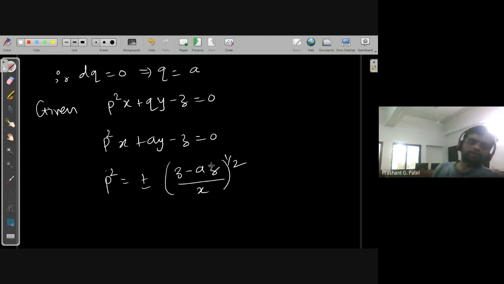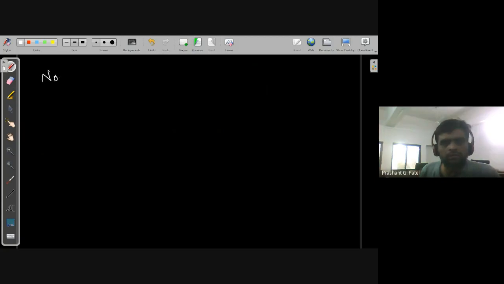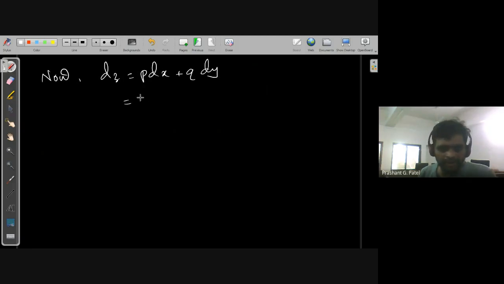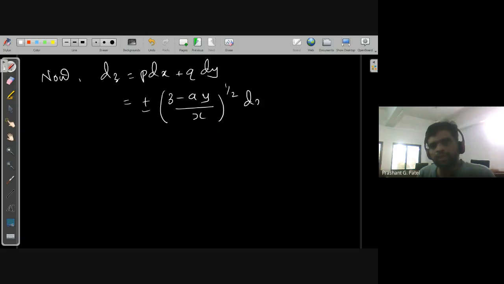On substituting this value into the Pfaffian equation, we have dz is equal to p dx plus q dy. The value of p we have obtained, that is plus or minus z minus ay upon x raised to 1 by 2 dx plus q, that is a dy.